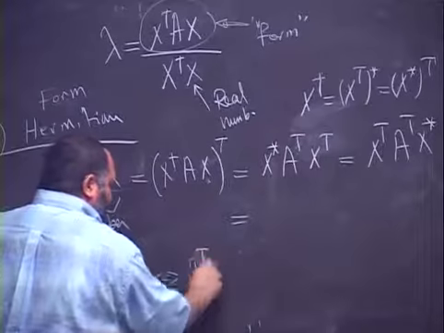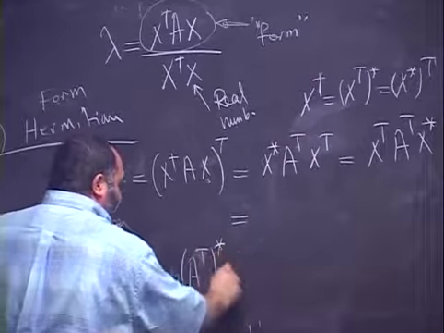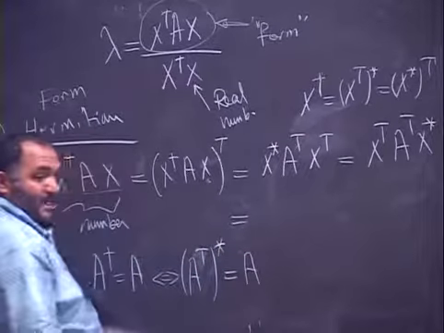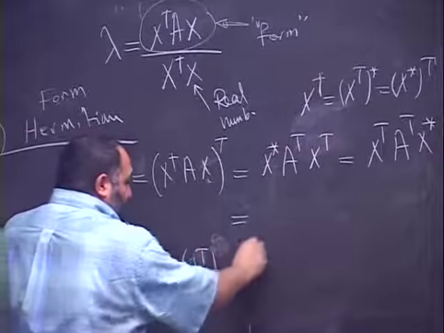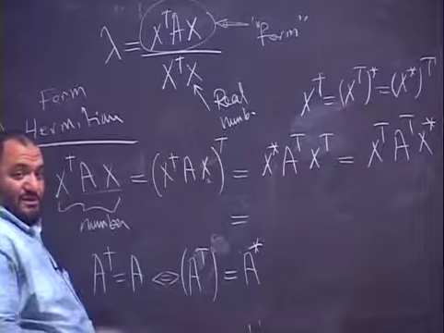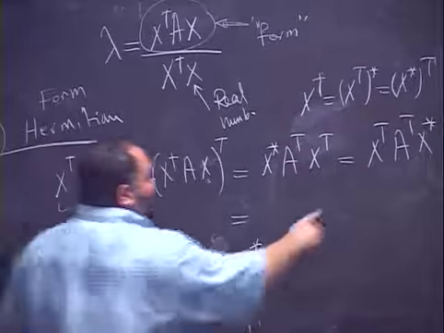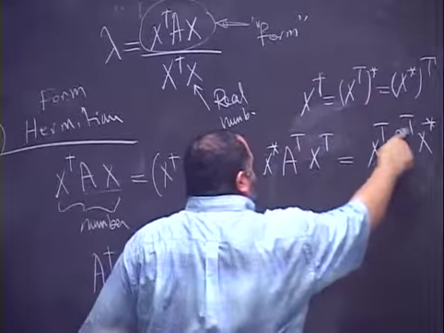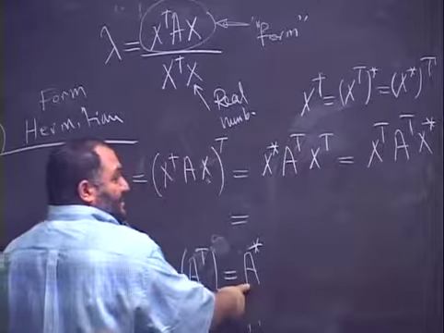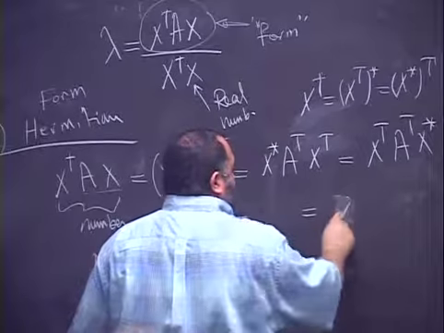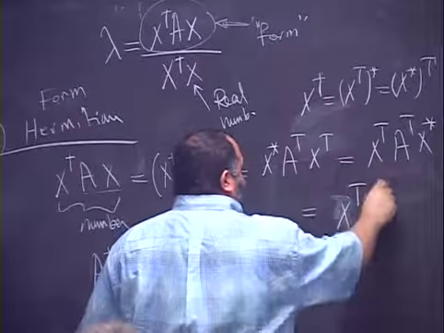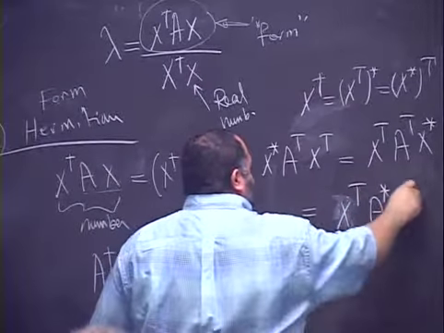So A transpose all star equal to A. If you take transpose for both sides, you will eliminate the transpose from here and put it here. So for a Hermitian matrix, I can remove A transpose and put A star. So this will be X transpose, A star, X star.